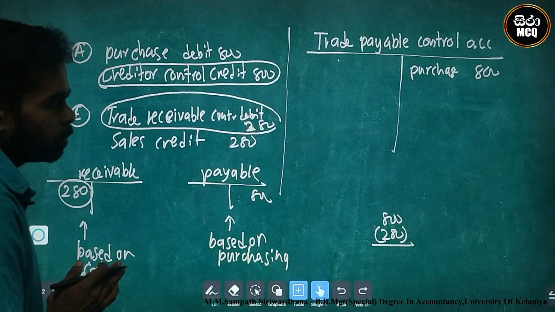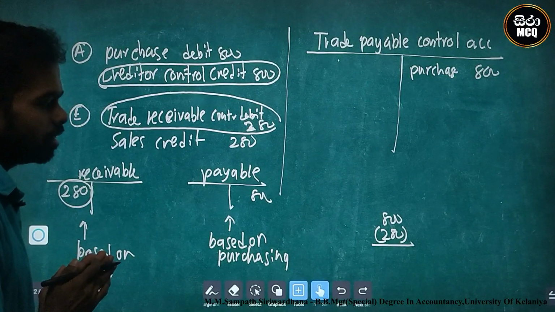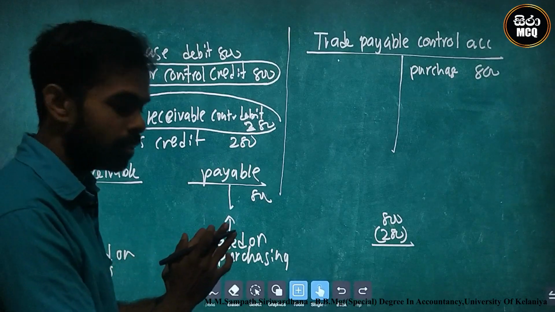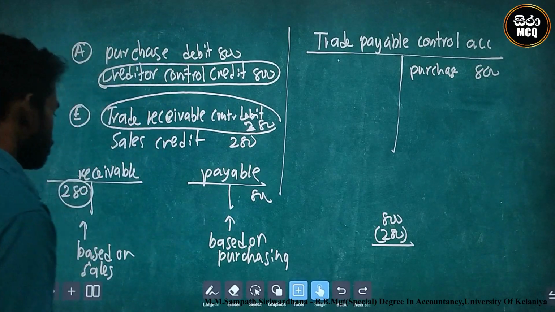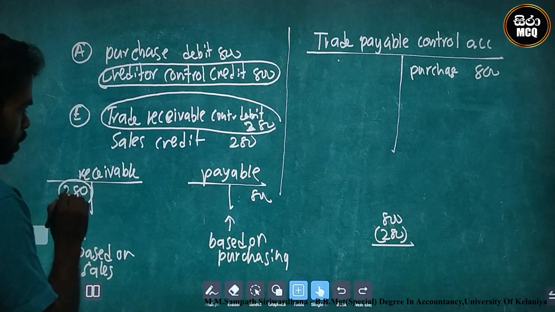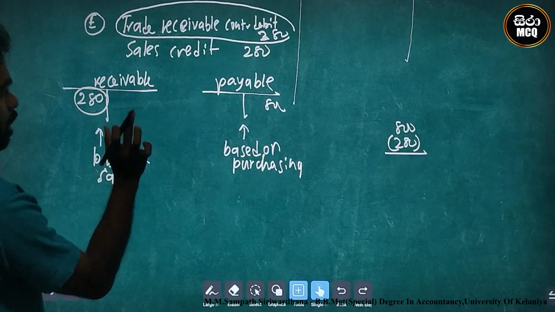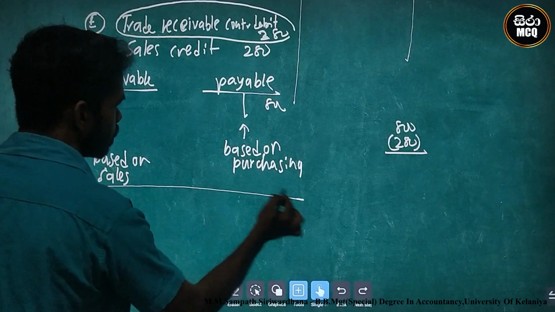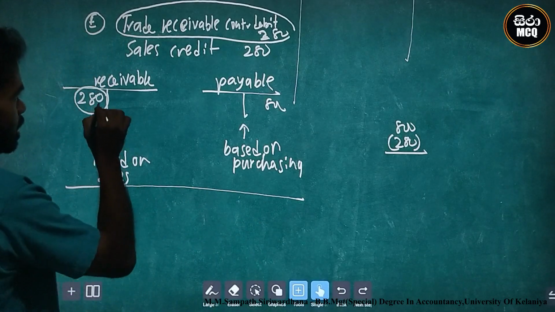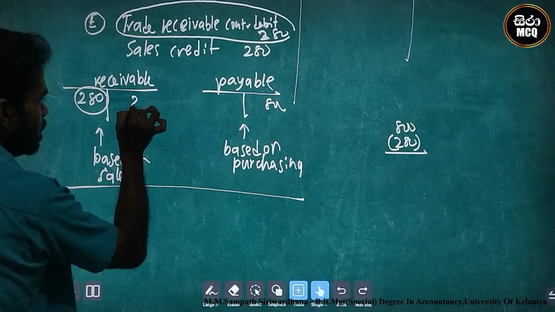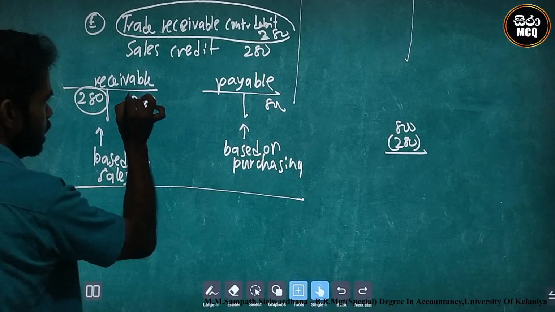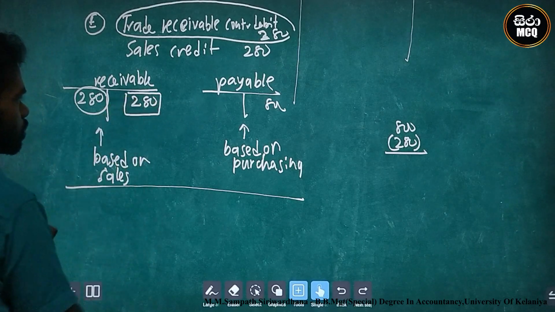Look here, we firstly identify the set off transaction. What is the set off transaction? Receivable. This is a set off transaction. I write this. What is the double entry? Set off means cancelling. Trade receivable cancelling, so we credit the receivable.